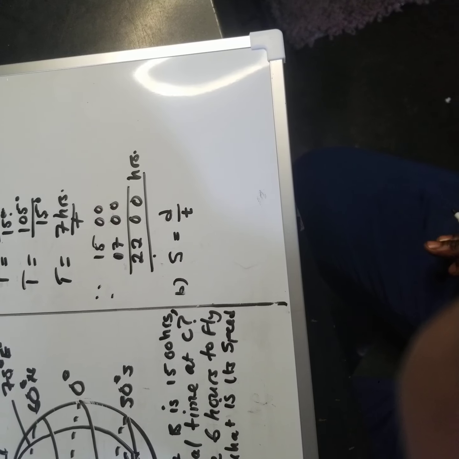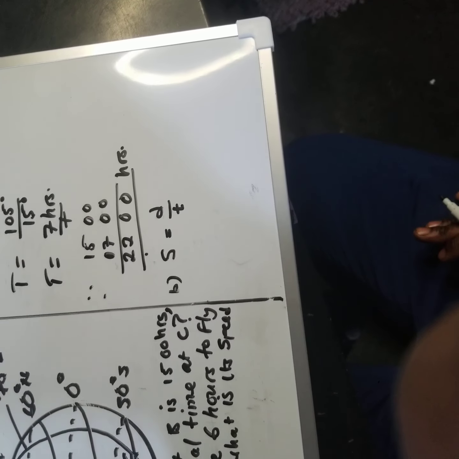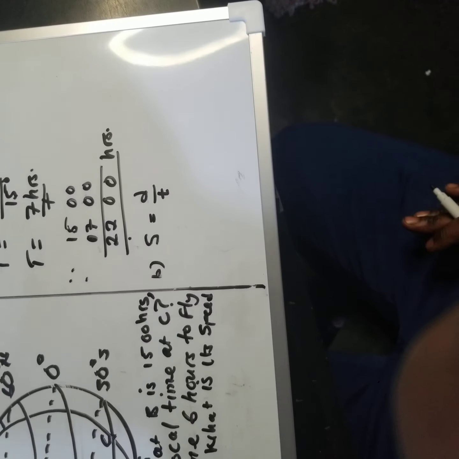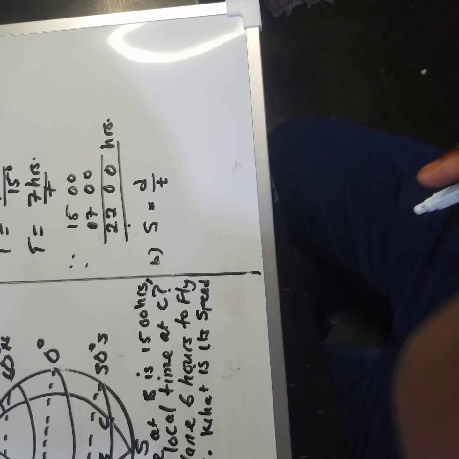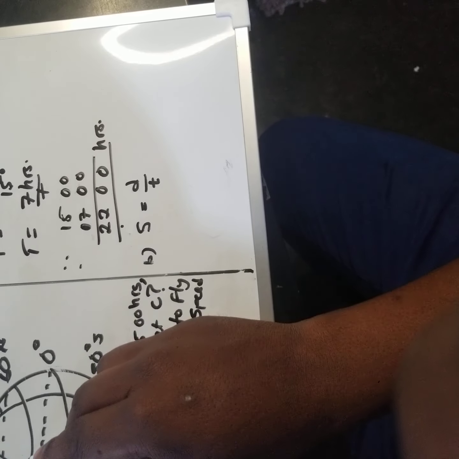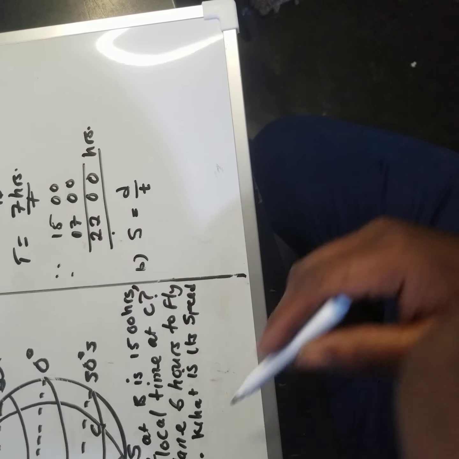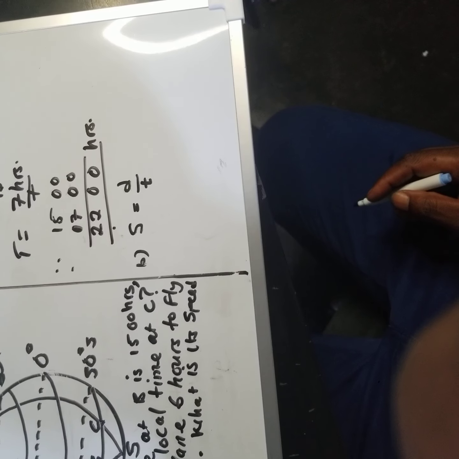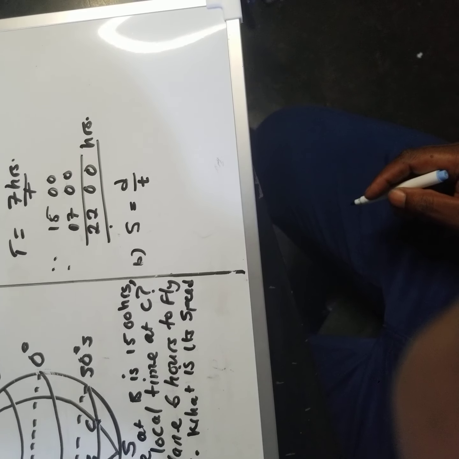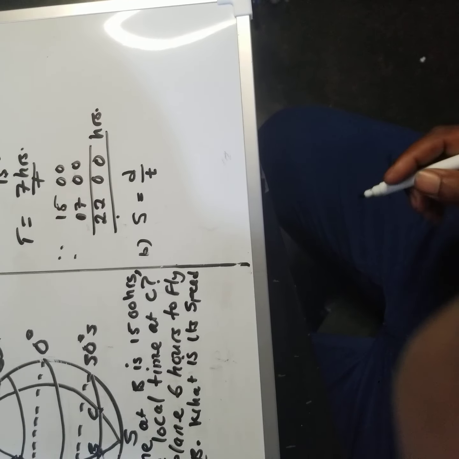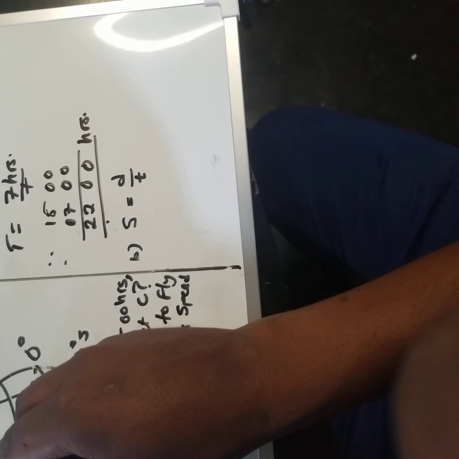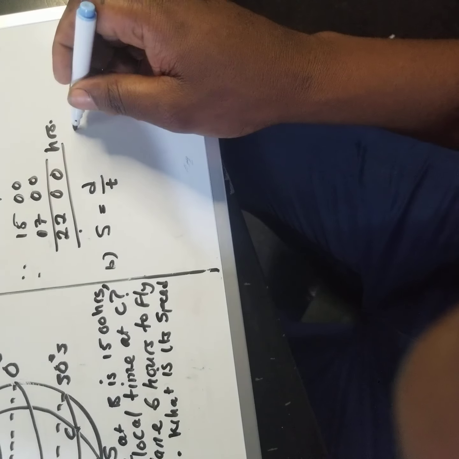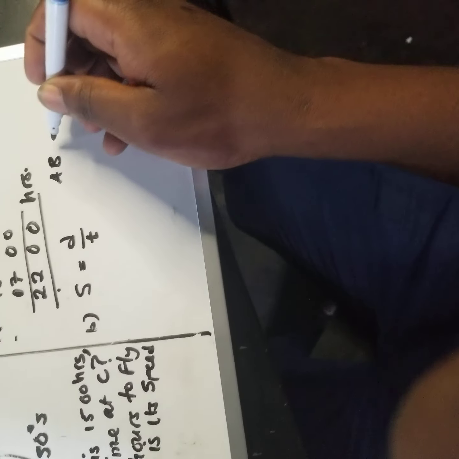In this case, speed is measured in knots. Now, we need to know the distance. Remember, we are doing the distance A to B. This is the distance in longitude. So you need to calculate the distance of A and B. We say AB, the distance, is equal to.